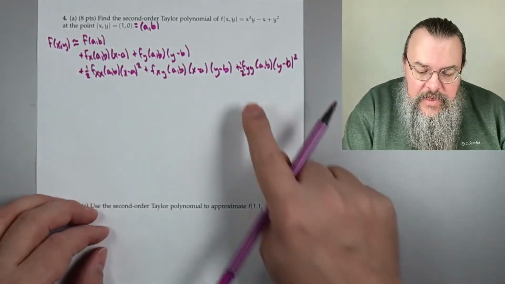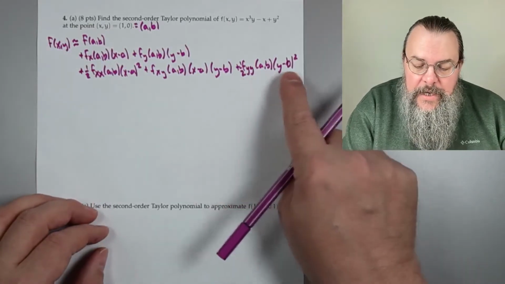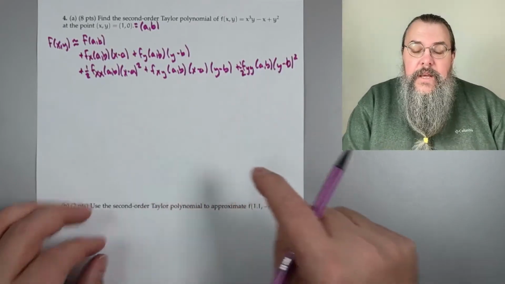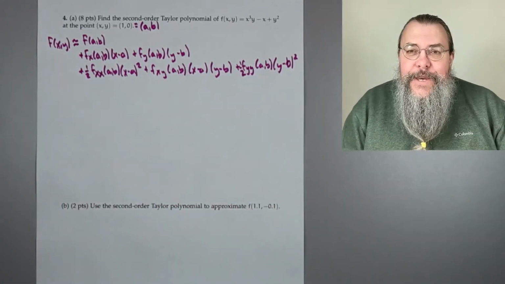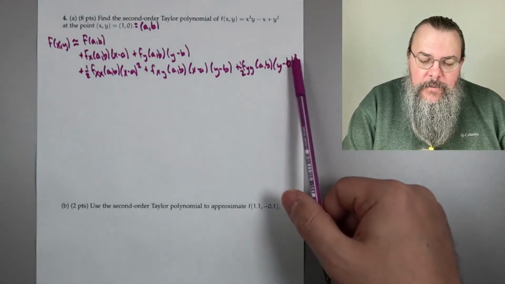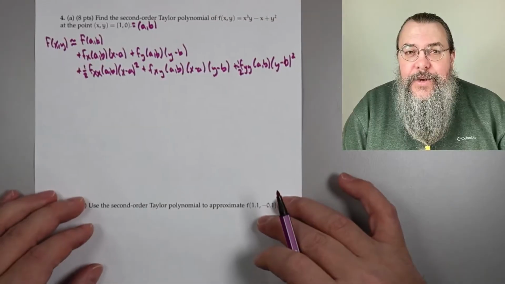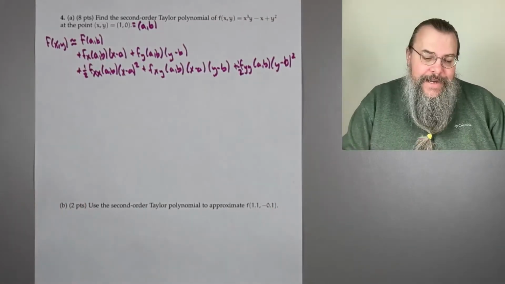Now, there's a couple of things you'll notice here. For example, yy, there's two y pieces. xy, there's an x and a y. And they might say, well, where are these halves coming from? Well, think about taking derivatives. When you take a derivative here, a 2 comes down, and you need to compensate for that 2 coming down. So that's why there's a half.